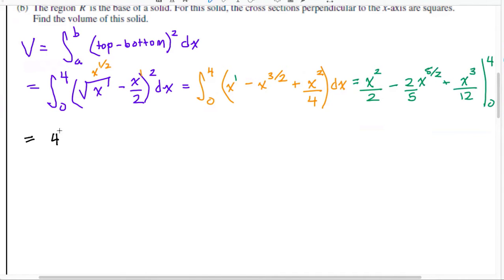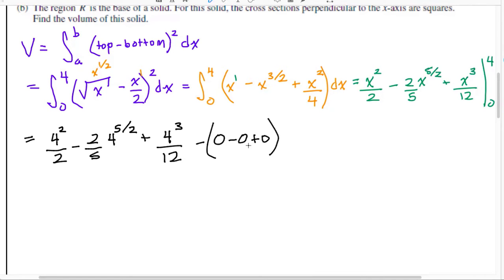So I have 4 squared over 2 minus 2/5 of 4 to the power of 5/2 plus 4 to the power of 3 all over 12. And then I can say minus 0 plus 0 to show that I did plug in the 0 as well. You don't need to do that, I'm just doing that for notes.